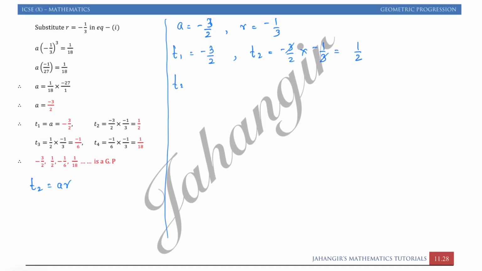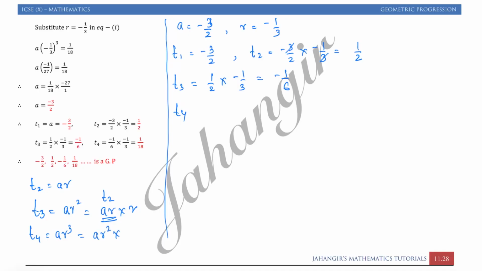Now T3, see, we are writing as AR square. That is AR multiplied by R. This is T2. So we can just say T2 multiplied by R. T2 is 1 by 2 multiplied by R is minus 1 by 3. That is minus 1 by 6. And for T4 we are writing AR cube. So that is AR square into R. But AR square is what?